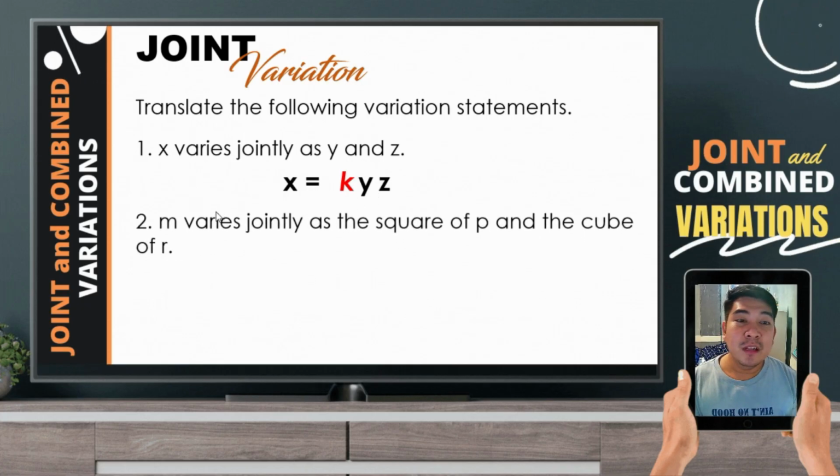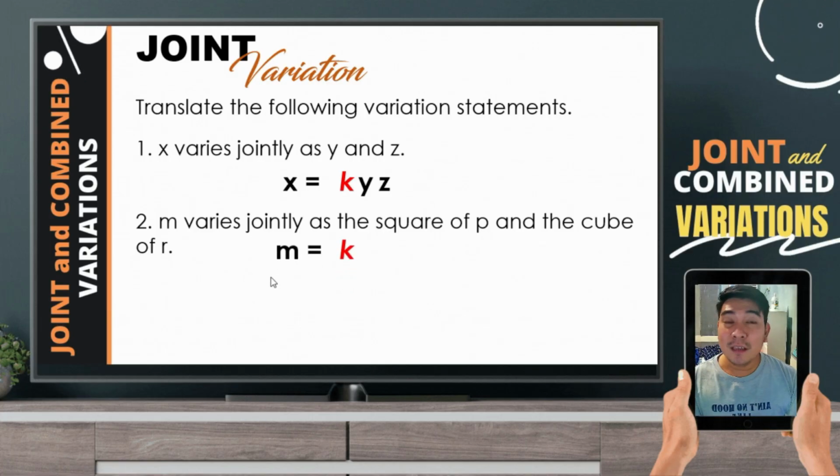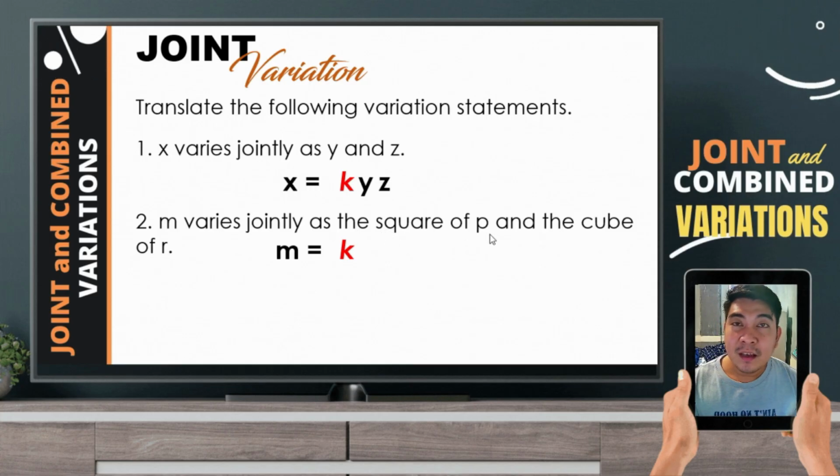The second example, M varies jointly as the square of P and the cube of R. So in this example, meron ng condition na naka-include. So let us now translate. The first quantity is M, so that will be M is equal to, of course, our constant of variation K. It is stated here square of P, so that will be K multiplied to P squared.